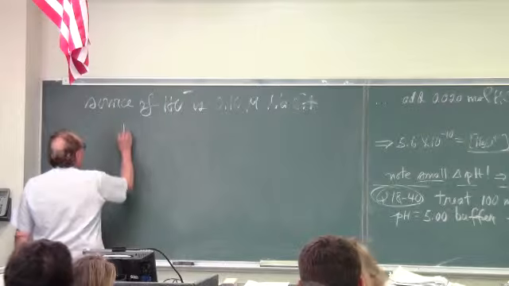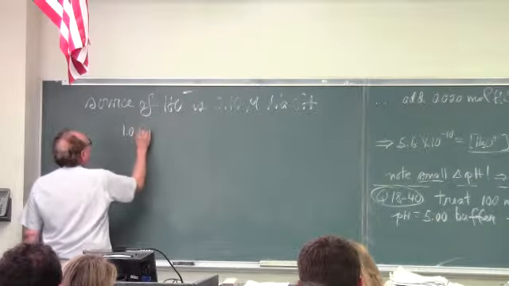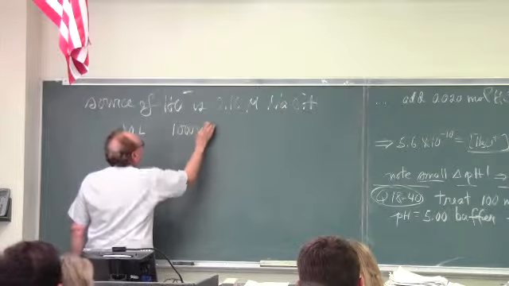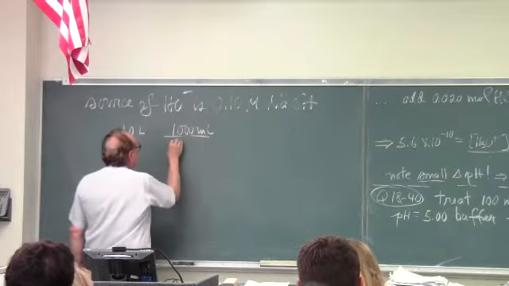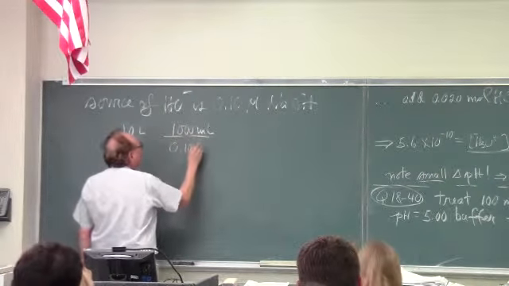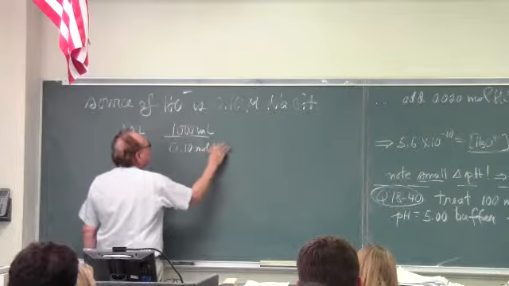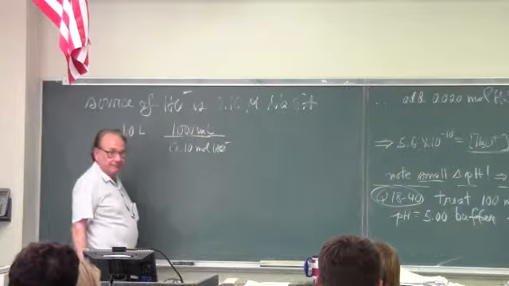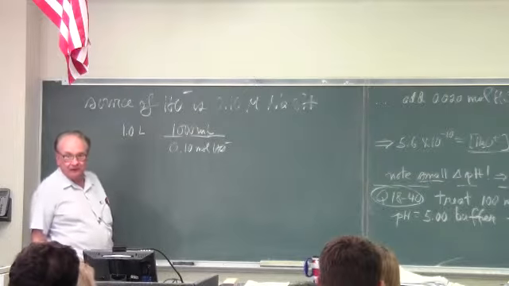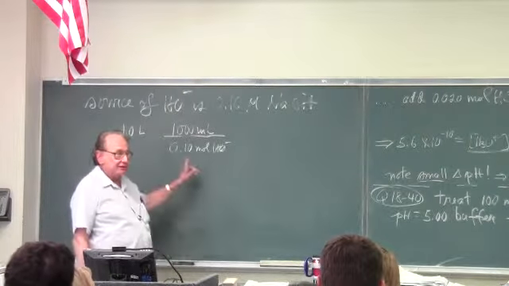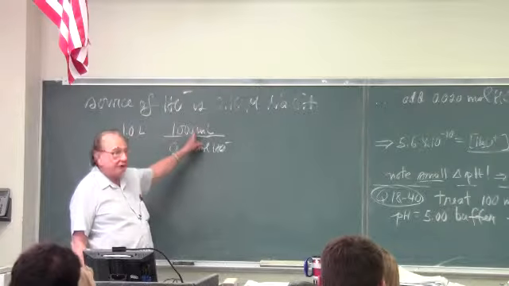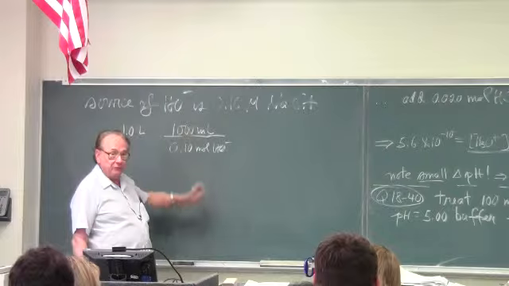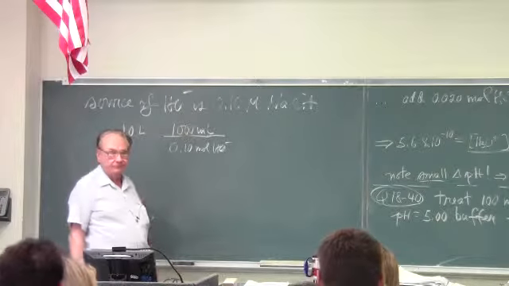So I write 1.0 liters, or if you prefer, 1,000 mLs, per 0.10 moles of OH minus. That's the first factor I write down, because this is the factor that contains volume of the sodium hydroxide solution. And the volume is in the numerator. What do I do now?